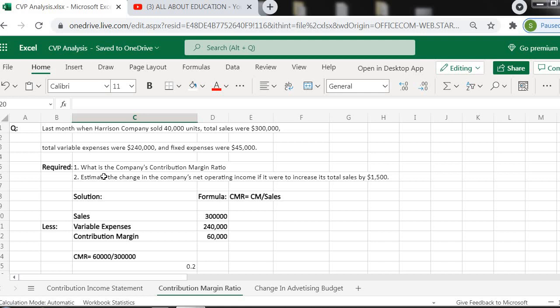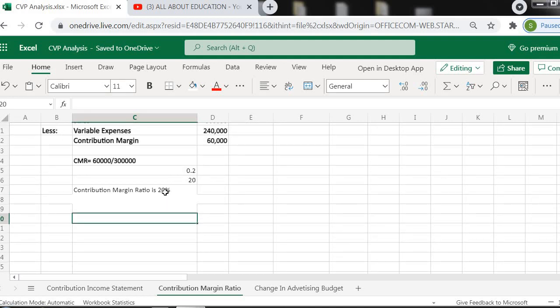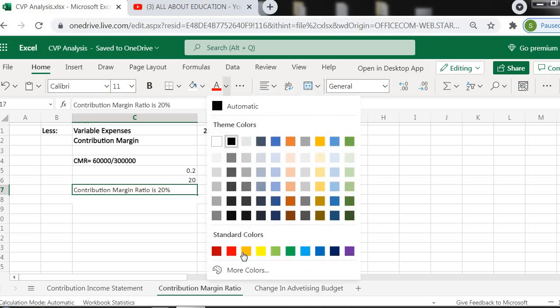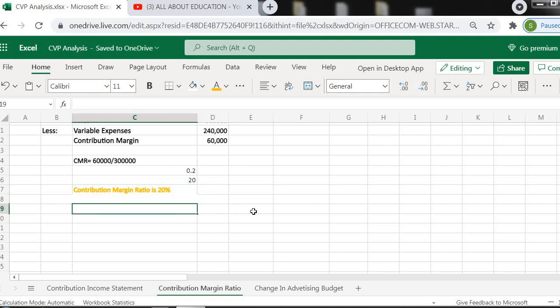We have calculated the contribution margin ratio, right? Contribution margin ratio is 20%, right?